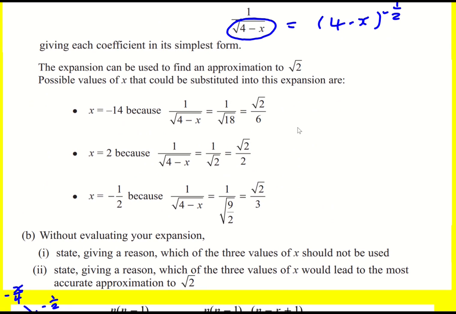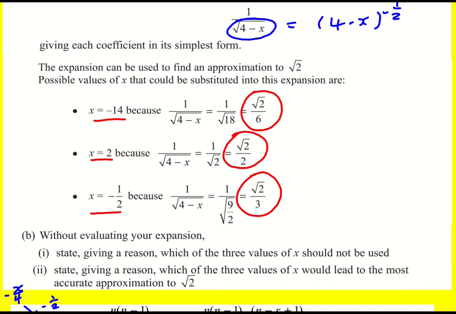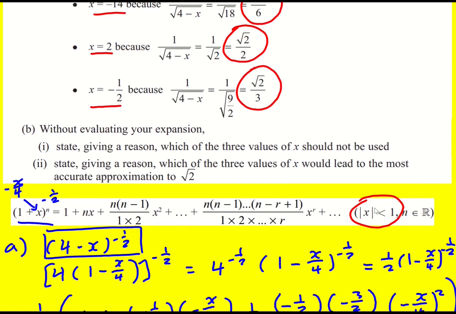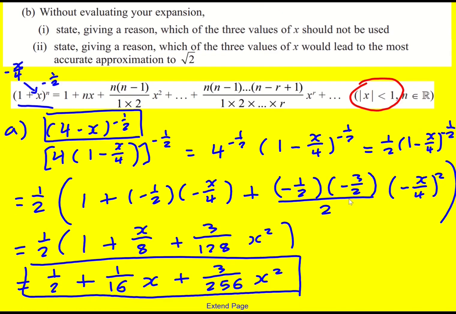So then we could put in some different values of x, which would lead to the expression on the left being in terms of root 2. So if we wanted to find an approximation for root 2, we could potentially substitute any of those values in without evaluating our expansion, which should not be used. Okay, it all comes down to this thing here, the modulus of x being less than 1.